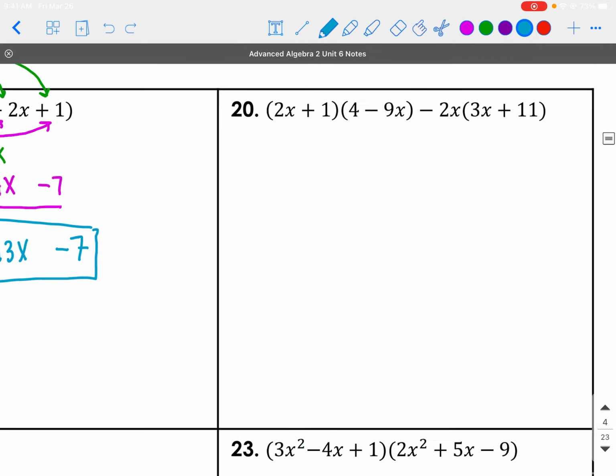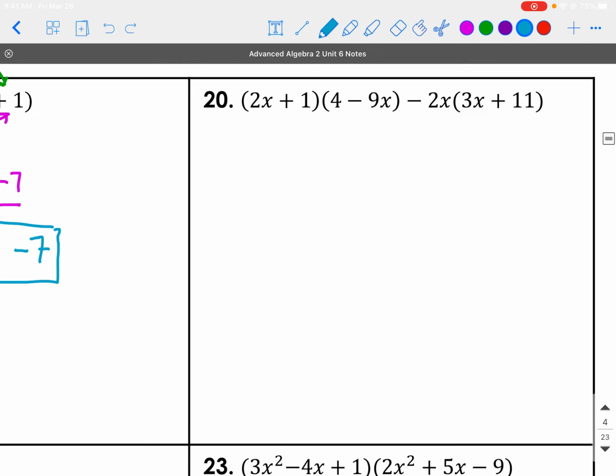Now number 20, we've got some multiplication and then some subtraction. So let's start with this part right here. Let's do this one first. All right. So 2x times 4 is 8x.